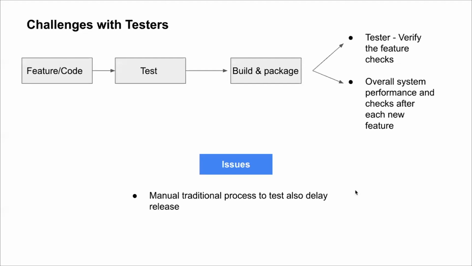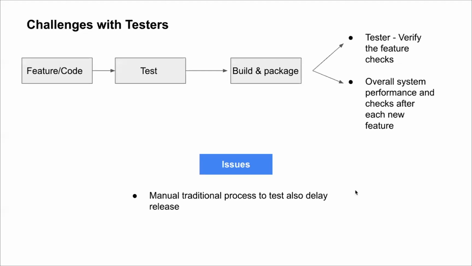You build the package, the developer gives it to them for testing, but testers have to verify two things. They have to verify the end-to-end system, whether it is breaking the existing running system, and they also have to verify the new feature that is going to get deployed to the production system.